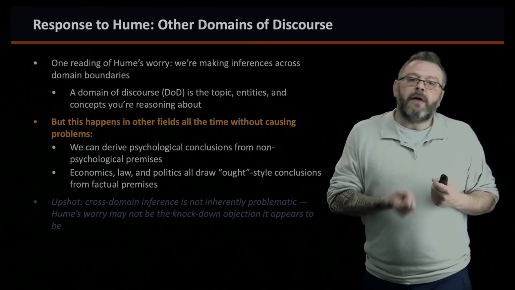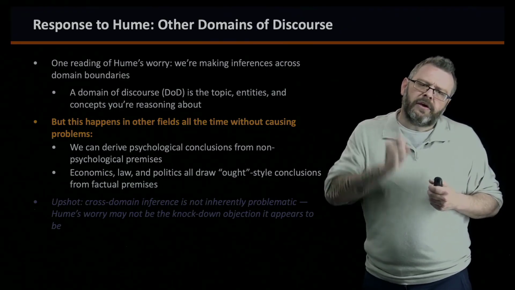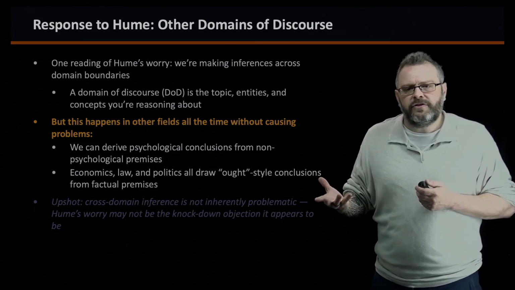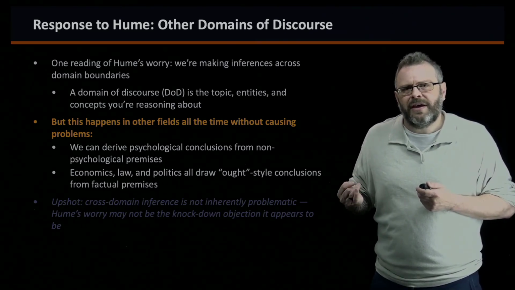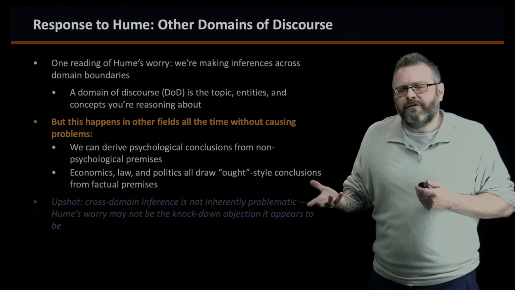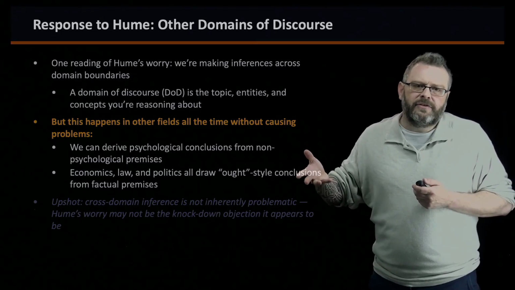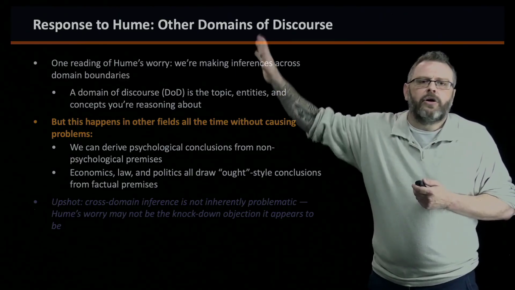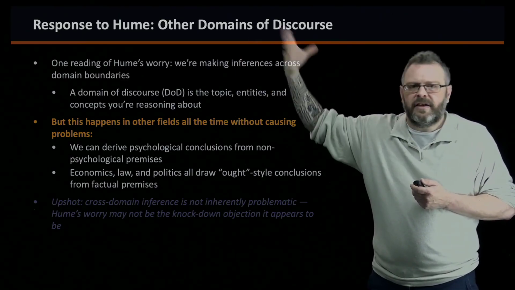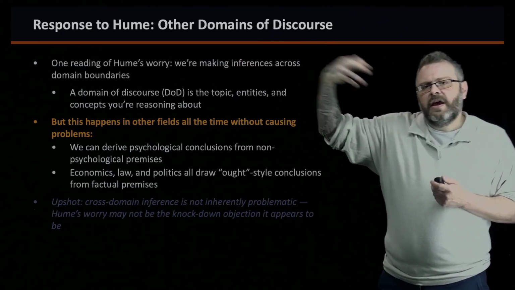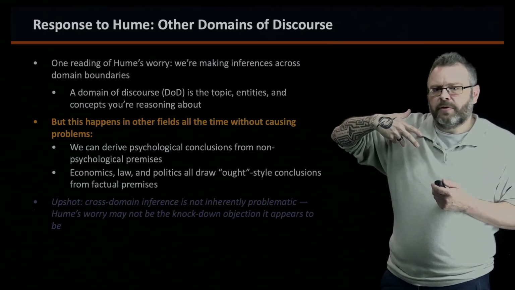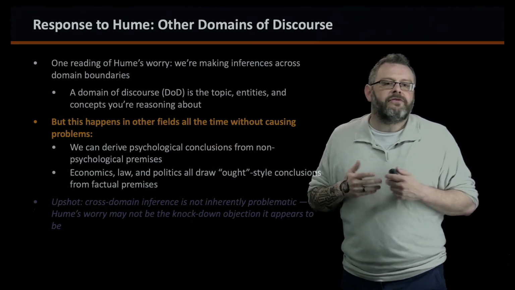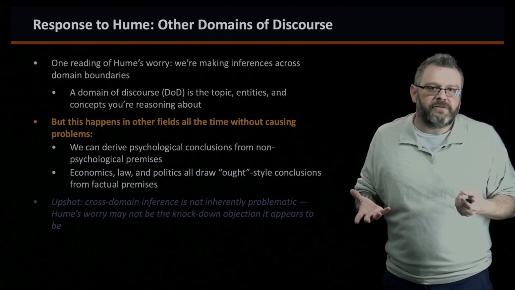today. I'm going to mention 2 quick responses to the is-ought problem. The first one just has to do with the fact that we can derive facts about some topic from things that aren't about that topic, or we can take statements from a topic and derive statements outside of that topic. We can derive psychological conclusions from non-psychological premises.